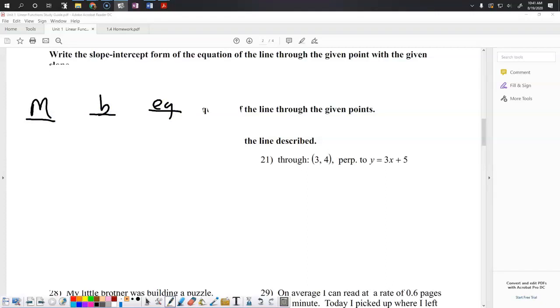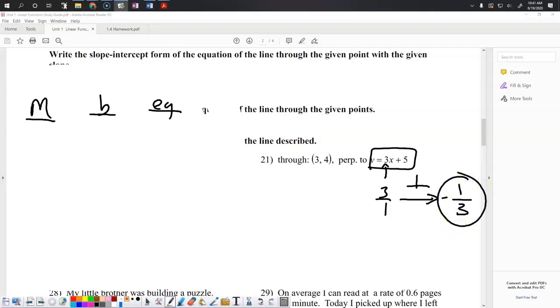Okay, so here's the deal with this. We want to find the equation of a line that's perpendicular to this line. Okay, now the slope of this line is 3, which is another way of saying 3 over 1. The perpendicular line, this is the symbol for perpendicular, will be the reciprocal of that and the opposite sign. So this is the slope that we're going to use for our line.